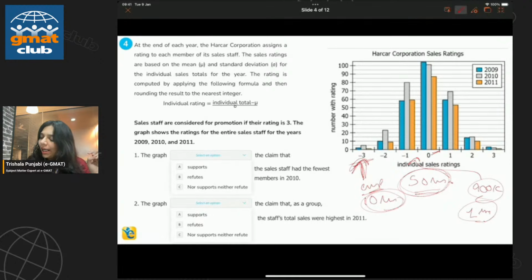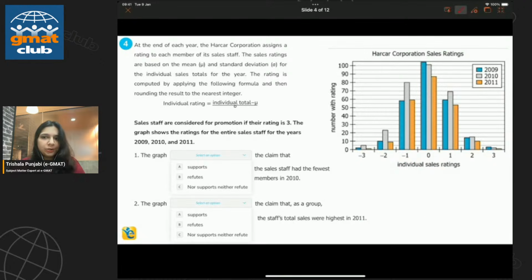So based on -3 and -1, we cannot know how much the company is performing, how many sales are happening. Does it make sense? The individual sales rating is basically comparing with the 50 million or the 1 million. Because we don't know these numbers, how can we infer what the plus or minus is going to be? I hope this is clear to you, Jaideep.